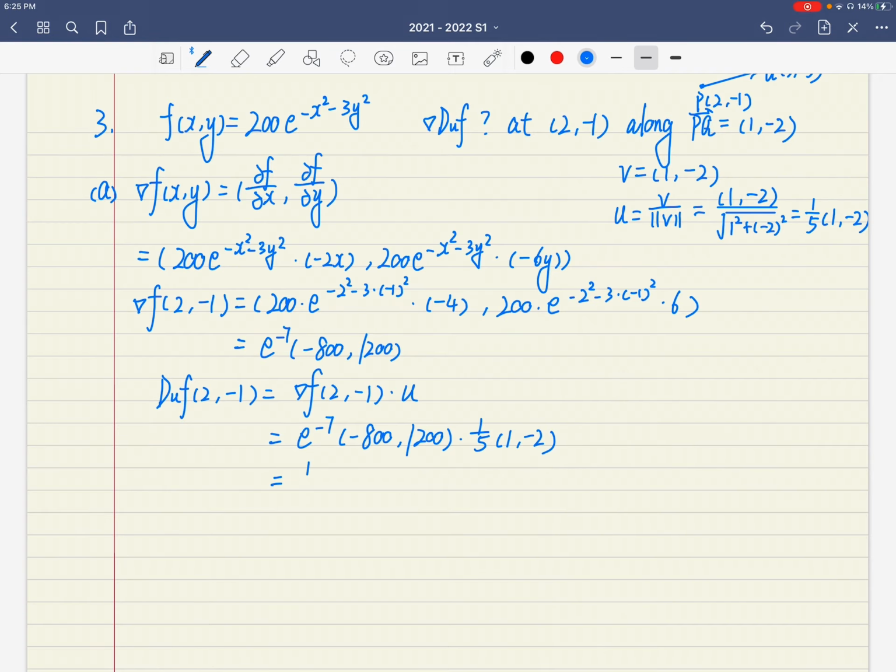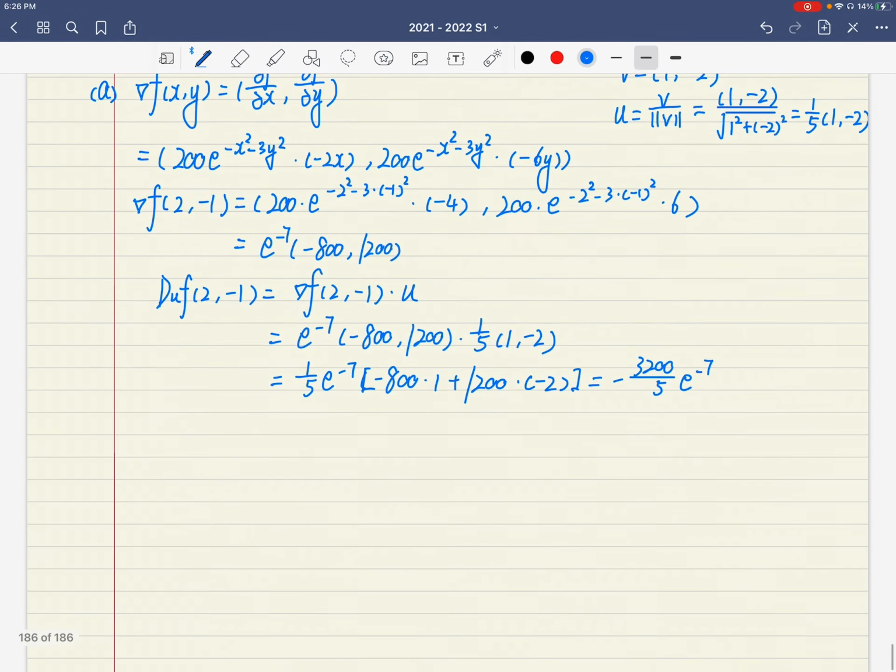So it's 1 over root 5 e to the power of negative 7, negative 800 times 1 plus 1200 times negative 2. So the result is negative 3200 over root 5 times e to the power of negative 7. So that is the first part.